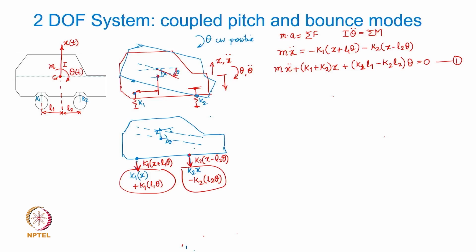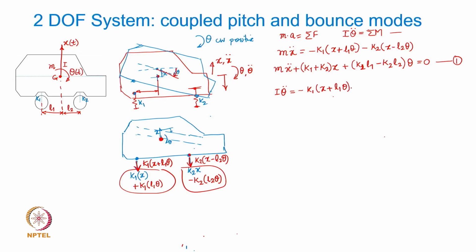So if I use the second one here, I times theta double dot, and I will have to look at all the moments which are trying to restore the motion. Theta double dot is clockwise positive. You may notice that this is the CG position, and this moment is going to be opposite to the clockwise angular acceleration. So minus K1 into x plus L1 theta.